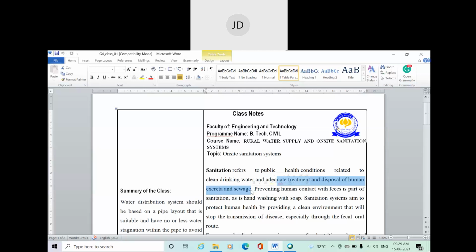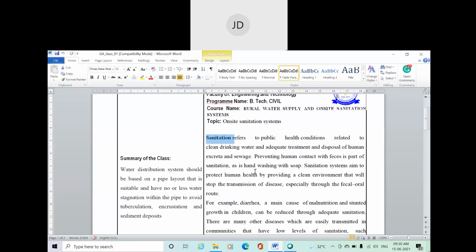These two factors must come under sanitation.